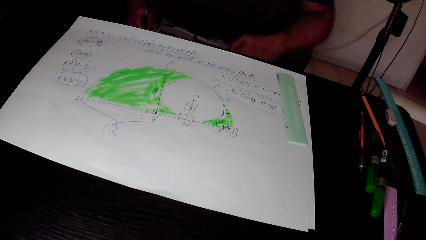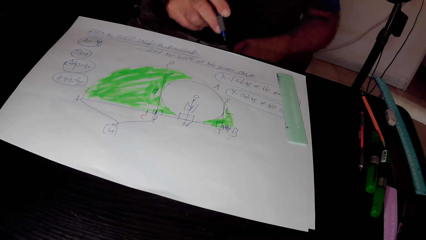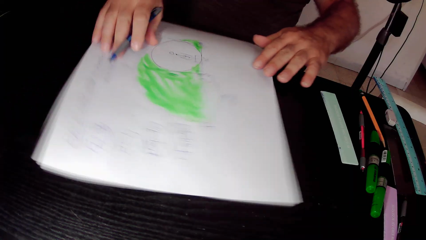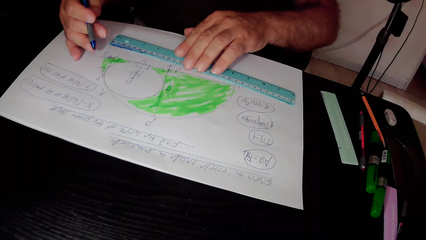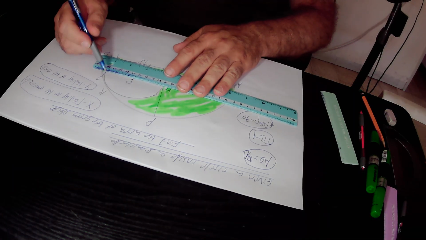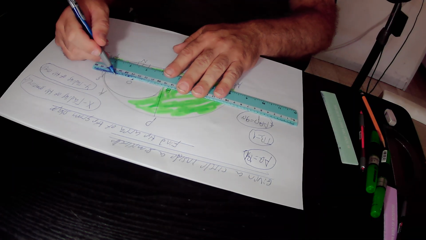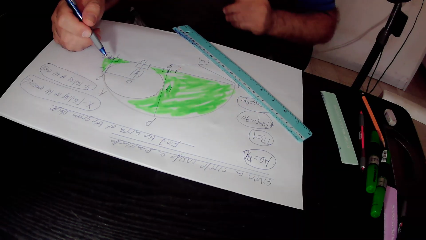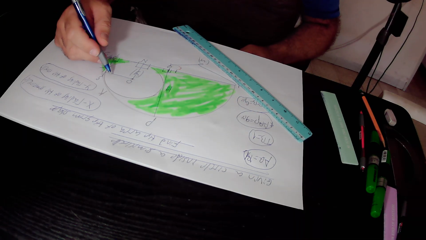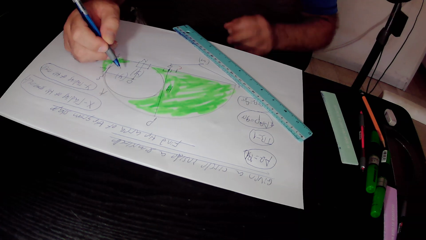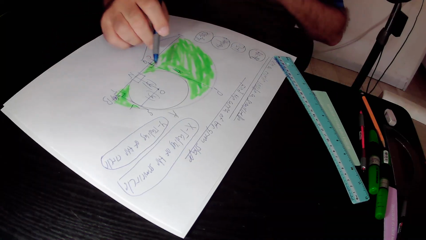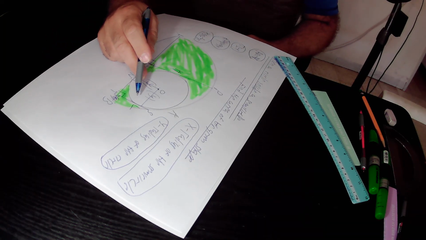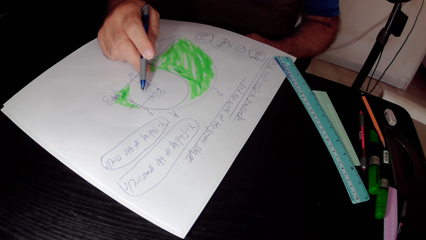In the next step, we join points O and L together by a straight line. OL is of course the radius of this small circle, which is equal to y according to our definition.